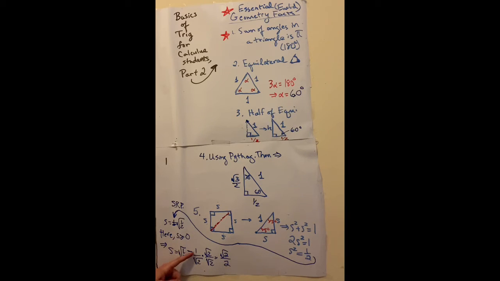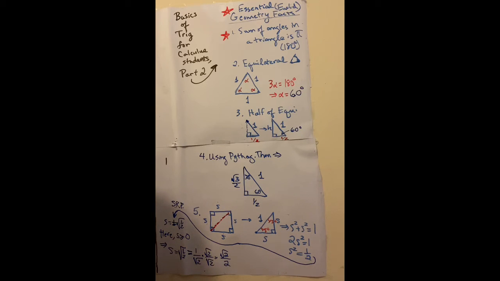Square root of 1 is just 1, so that's 1 over the square root of 2. Can't have radicals in the denominator, so we rationalize in this way. Do you have to rationalize your answers? Yes, if you want full credit for them. And we end up getting that the length of the two legs in a 45-45-90 triangle are square root of 2 over 2, each one of them.